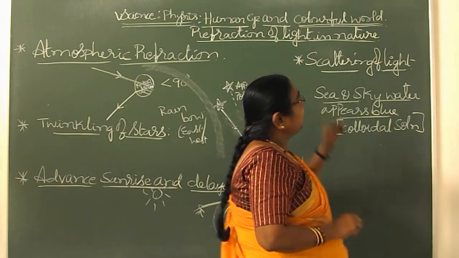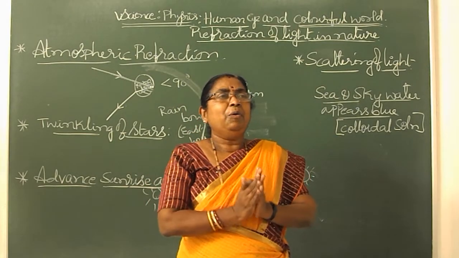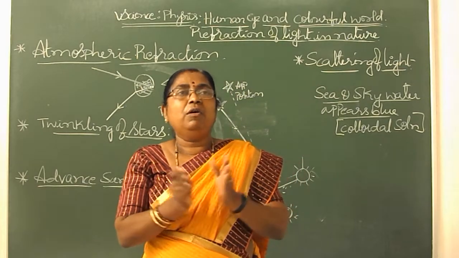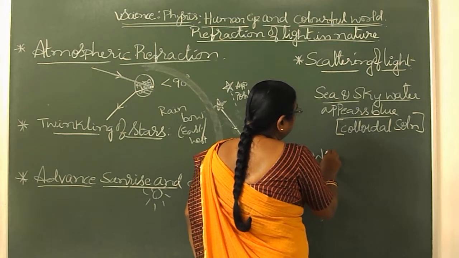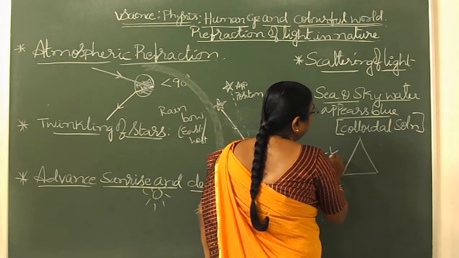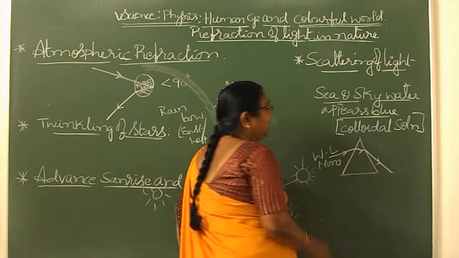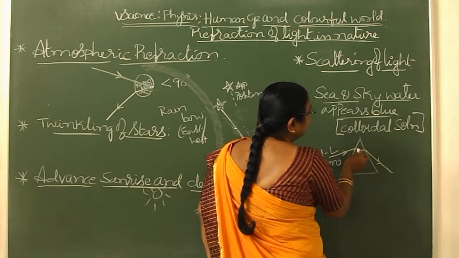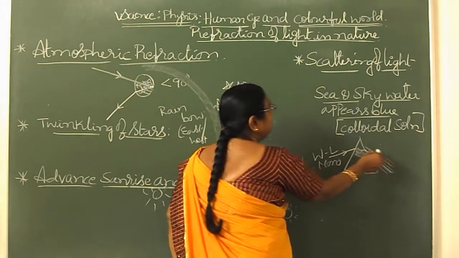One more thing you are going to learn about is scattering of light. As you all know, white light is polychromatic, that is, all the colors are combined. Hence we say white light is polychromatic. When it passes through a prism, a single ray entering the triangular prism divides into different colors according to speed and tone.